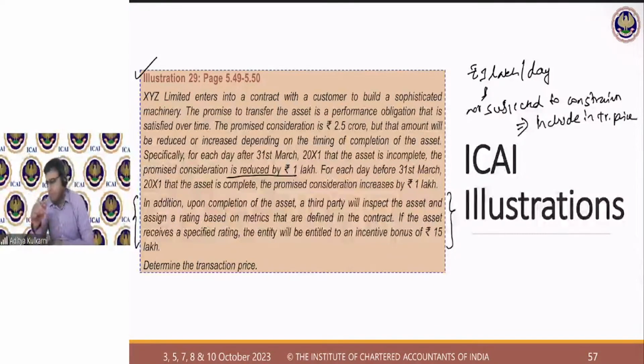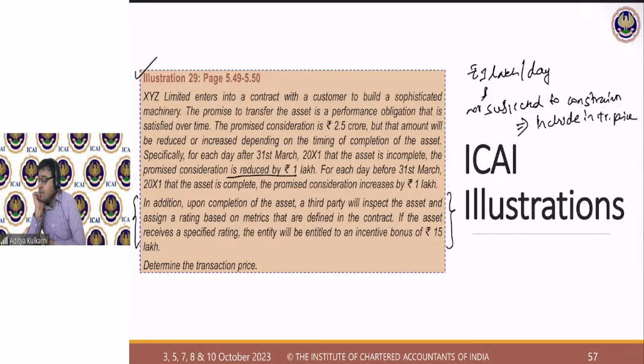Okay, very simple. Okay, I have a question. Sometimes in the contract, we might have a clause: if the work is completed by 2026, for example, price is 3,000 crores.